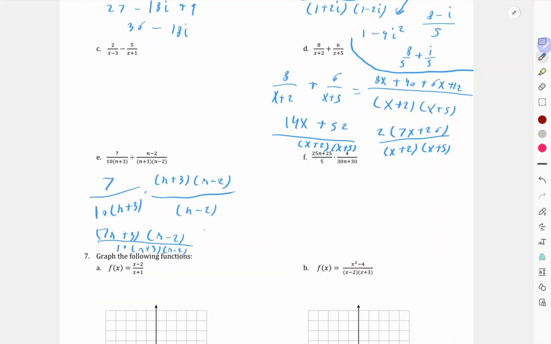Alright, now I gotta solve all this. Actually no, you don't gotta solve all that, do you? Because I got factors in here. I don't need to solve all that. Cross out that. Cross out that. Cross out all that.